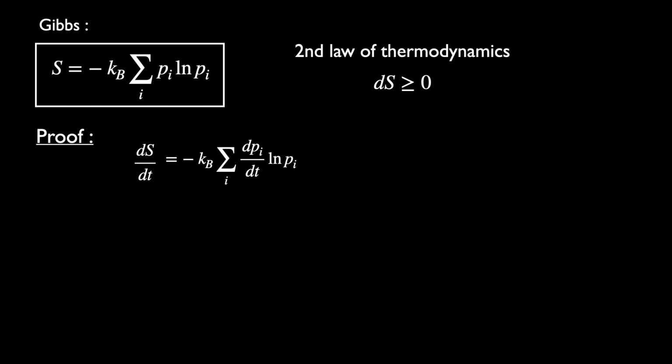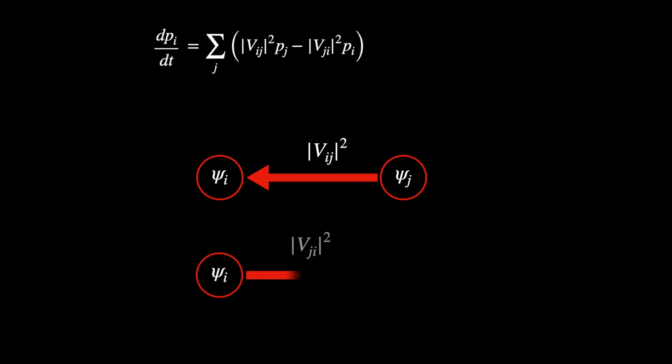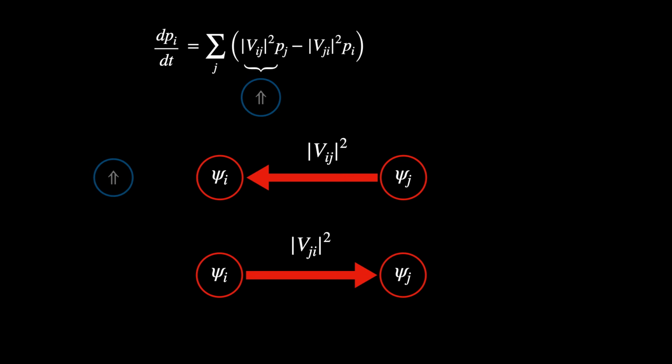The next step will be to evaluate dpi/dt. dpi/dt is given by the following, where the absolute square of Vij is the transition probability rate from the state psi j to psi i, while the absolute square of Vji is the rate for the reverse process. The first term on the right-hand side increases pi and is the sum of all the contributions where the initial states j make transition to state i.